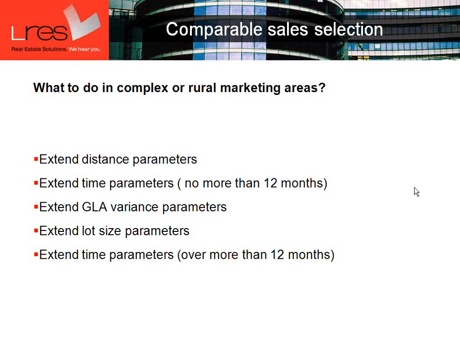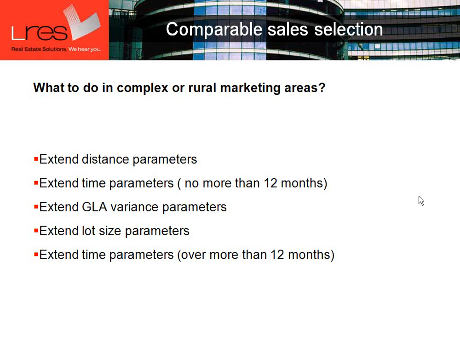If we're using 3 sales that are 20 miles out but have sold within 12 months, and then you use 3 sales that were half a mile out from the same general area that are 16, 18 months, you can reconcile that information and still give your older sales some consideration in your report, if not all consideration in your report. It's just you have to make every effort to meet the guidelines.